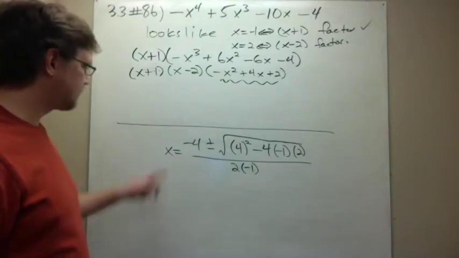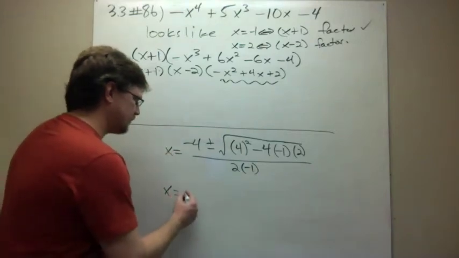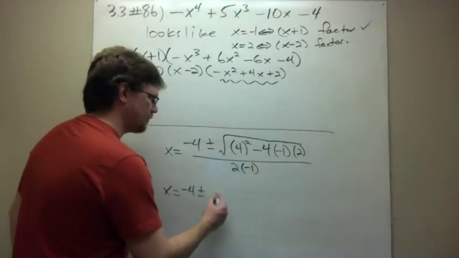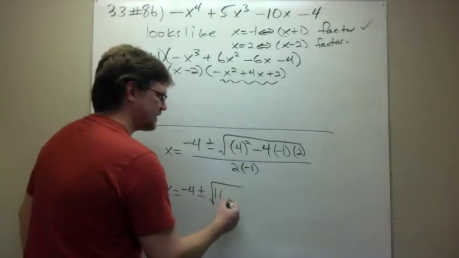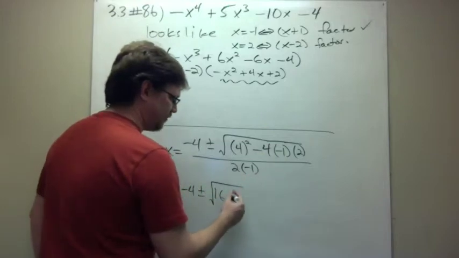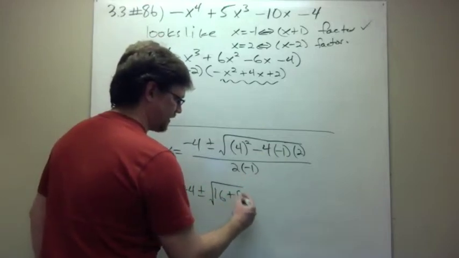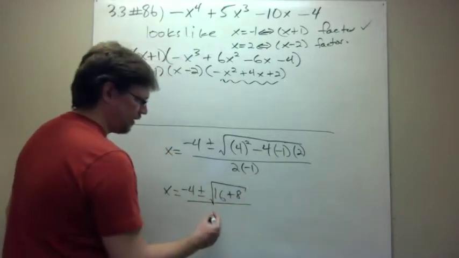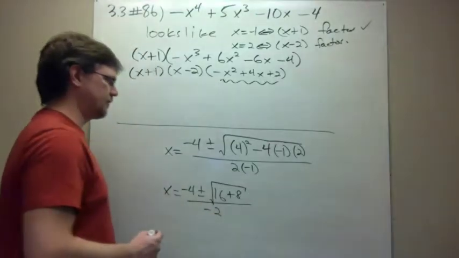All right? X is equal to minus 4 plus or minus square root. 4 squared is 16. 4 times 2 is 8. Negative times a negative is a positive. Plus 8. All over minus 2. Okay?